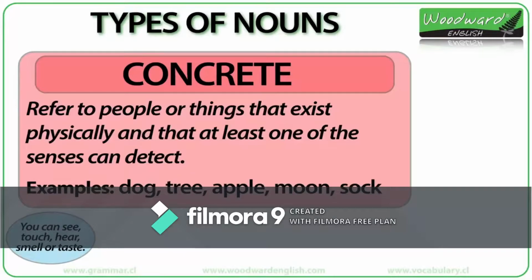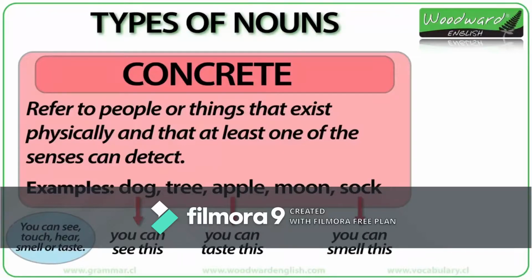Some examples of concrete nouns are dog, tree, apple, moon, and sock. Dog is a concrete noun as you can see a dog or hear or touch a dog. Apple is a concrete noun because you can touch and taste an apple. Sock is a concrete noun because you can smell a sock or touch a sock.